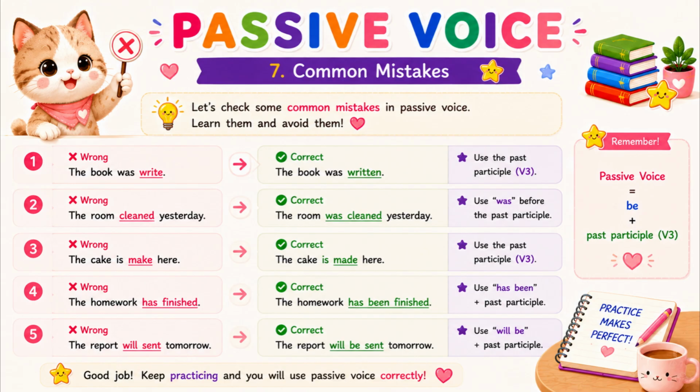The wrong sentence is, the report will send tomorrow. The correct sentence is, the report will be sent tomorrow. In the future passive, we use will be plus the past participle. Remember the passive voice formula. Be plus past participle or V3.